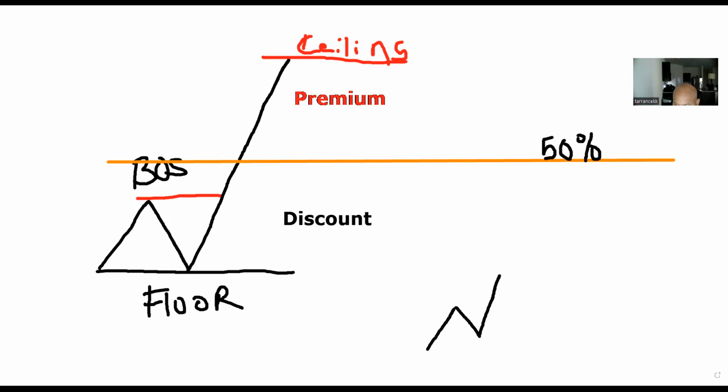But we're looking for that. Right now we're focused on the range, which is step 2. Step 3, we talked about imbalance a little bit, and then step 4 is confirmation. We're going to be looking for this confirmation in a discount. But we'll get into that at another time.